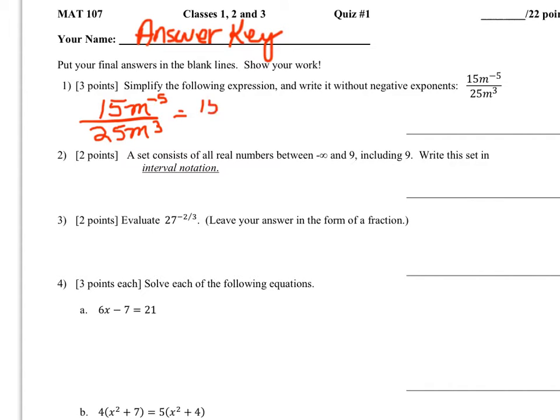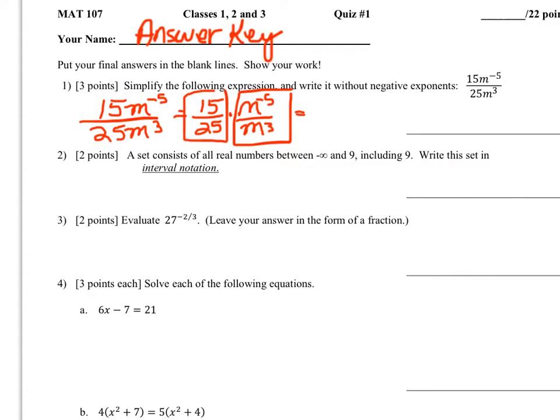So you can actually separate this fraction into 15 25ths times m to the negative 5 over m to the third. That way you can reduce the first fraction the way you normally reduce, and then you can reduce the second fraction using your exponent properties.